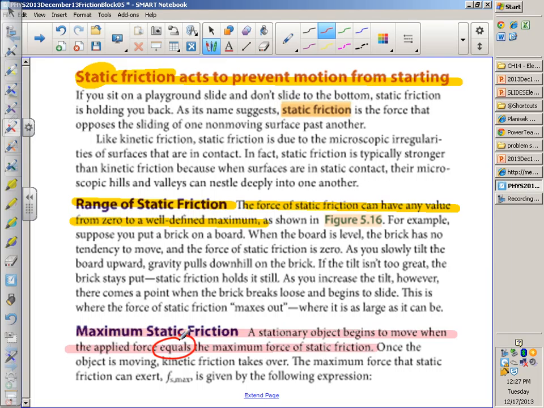If your applied force equals the maximum static friction, the net force is still what? 0. So we got to change this. We should change equals to what? Greater than, or how about exceeds?